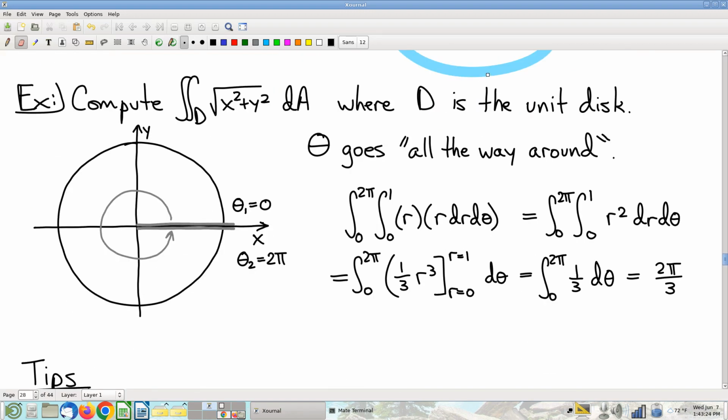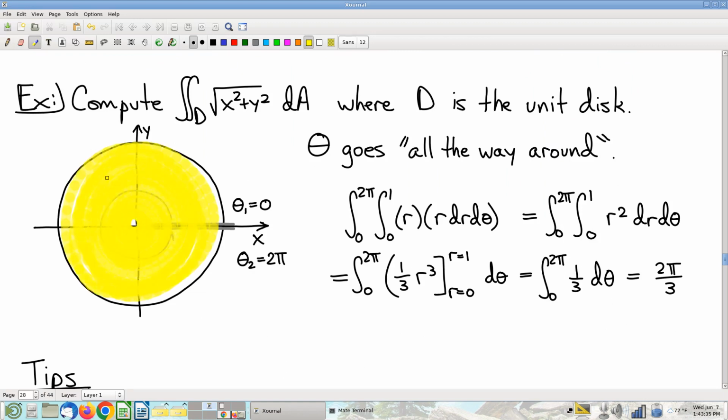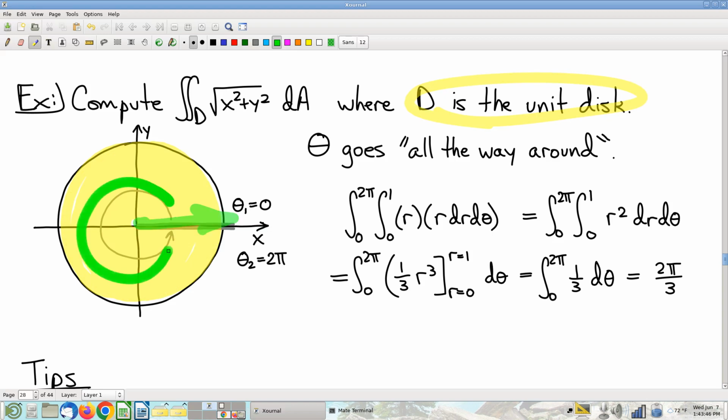Okay, another example. This is a quickie. Suppose our domain is this whole solid unit disk here, right? And okay, well, theta slices and all that, but I'm going to view it as starting there, and that my theta slices just go all the way around and end when I get back to where I started from, and that has theta going from 0 to 2 pi.